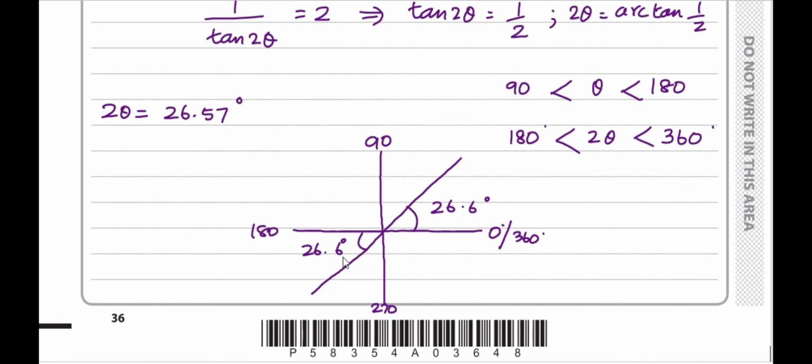Therefore, the only angle applicable is this one. So we can say 2 theta is equal to 180 add 26.6, which is equal to 206.6 degrees. Hence, theta should be equal to 103.3 degrees to one decimal place.